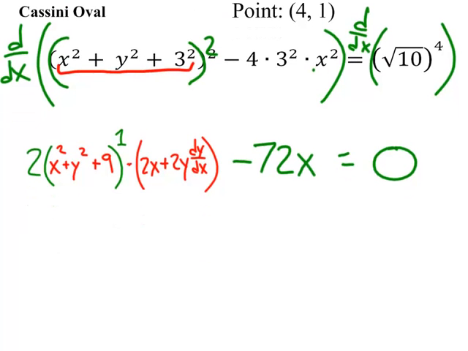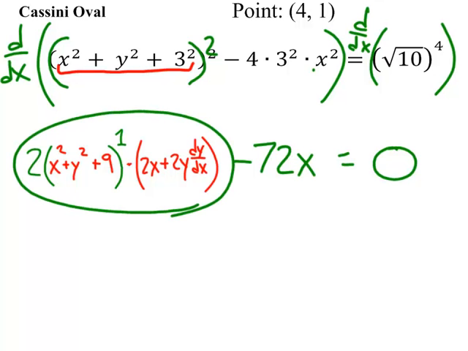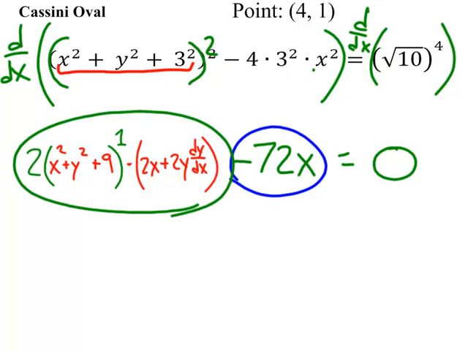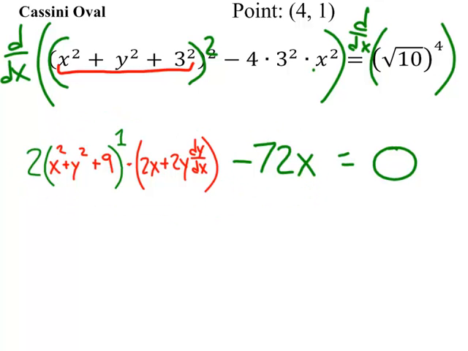Okay, our goal is to get that dy over dx by itself. We may ask the question, should we FOIL this out or not? See if you agree with me. I'm going to say let's not FOIL that out. Let's move the 72x over to the right. Let's add it over to the right side, and we'll get 72x.